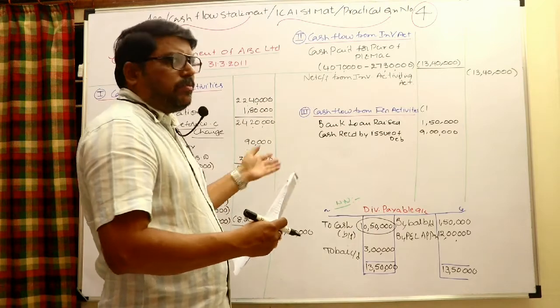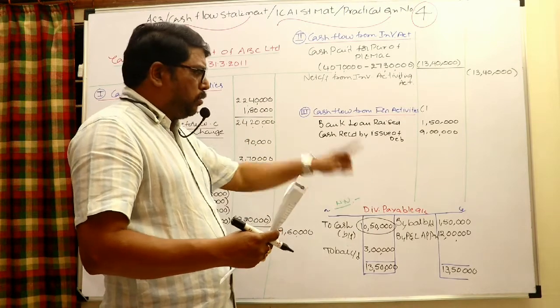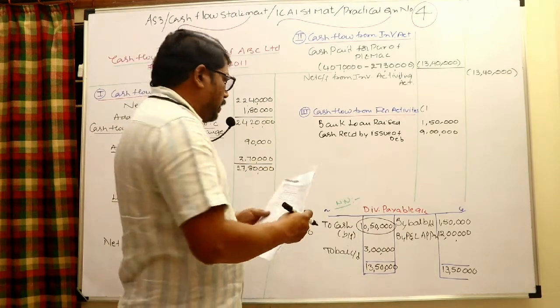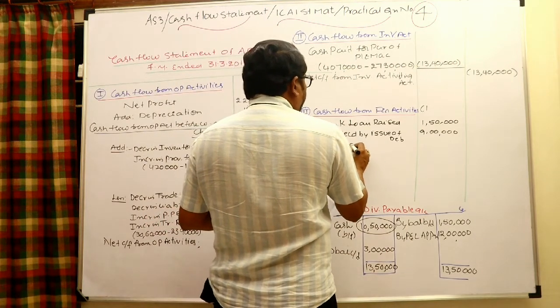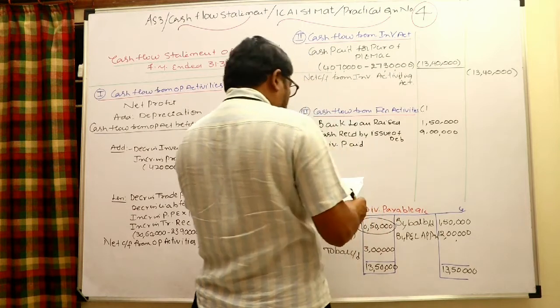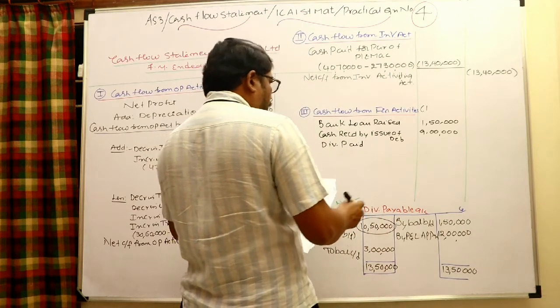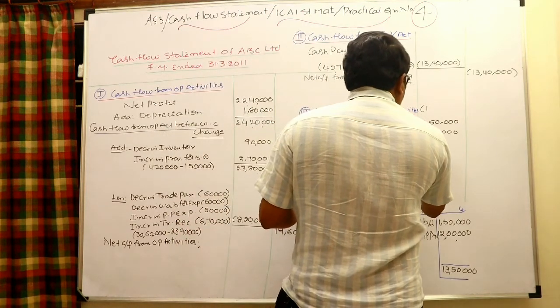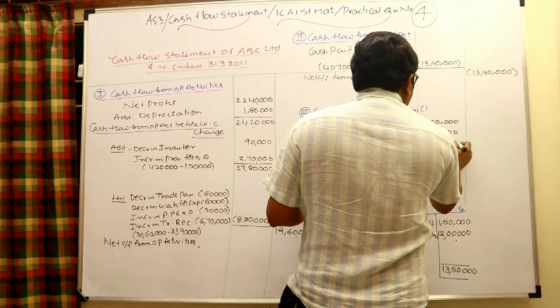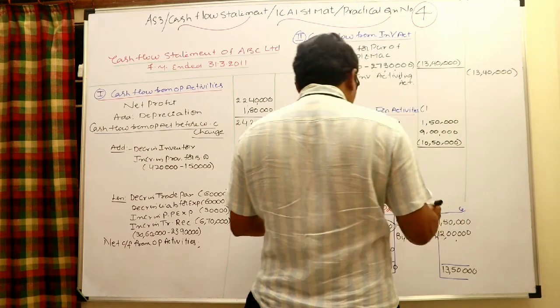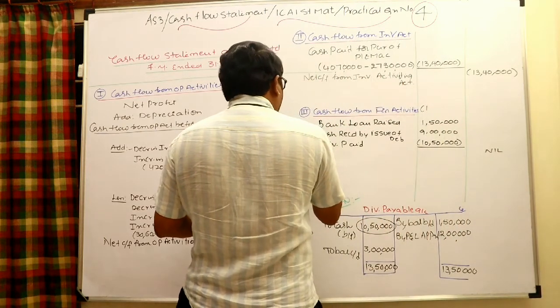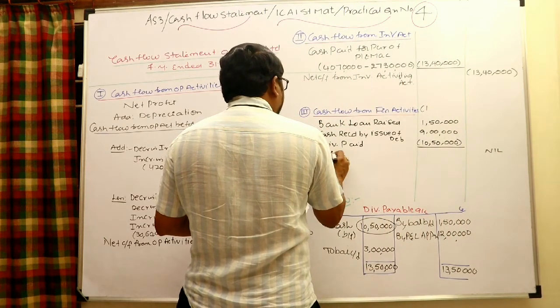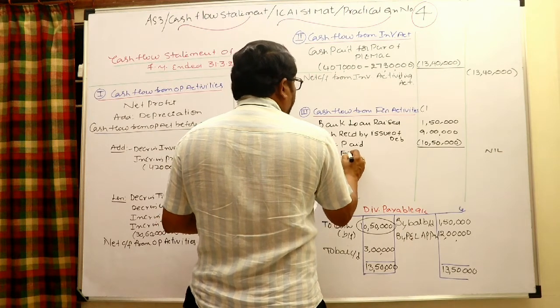If profit after appropriation was taken, it should be added back, and paid should be deducted here. Therefore dividend paid during this year is 10,50,000, and in the outer column we can say nil. This is the net cash flow from financing activities.